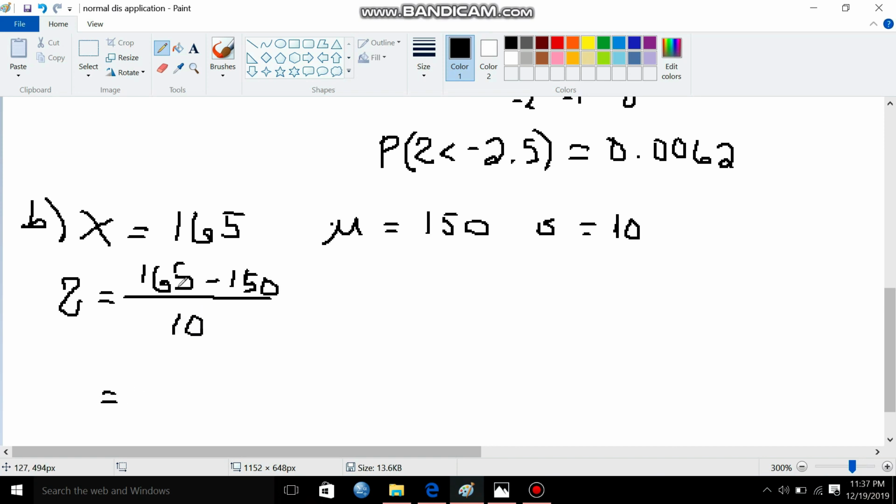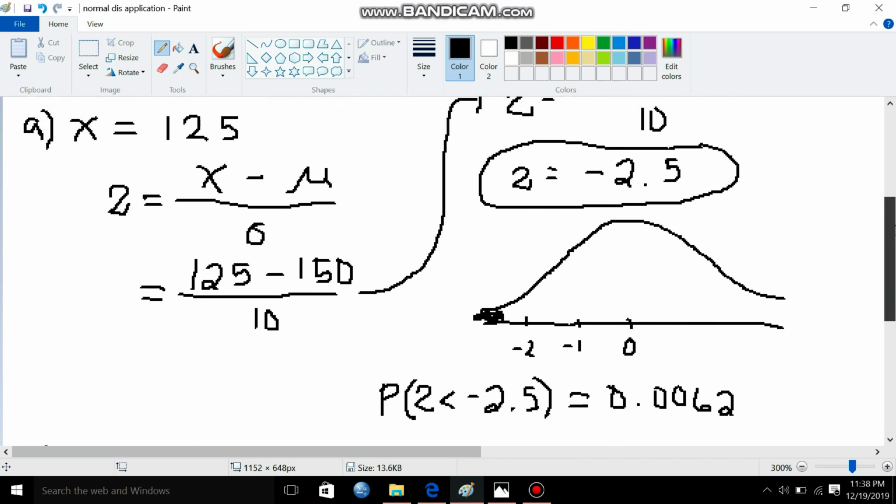So 165 minus 150 is 15, then copy 10. After subtracting, we need to divide these two numbers, so Z will be 1.5.